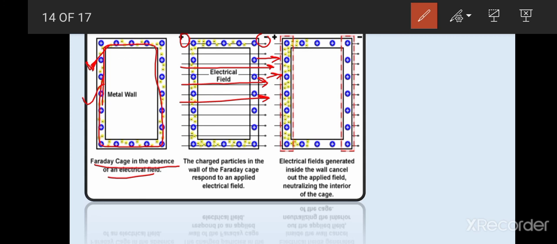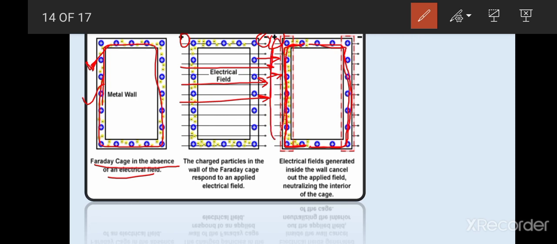As we are seeing that positive charges are here, the electric field is from positive to negative. So what will happen? All the negative charges will be attracted to these positive charges and they will gather on this side. You can see all the electrons are coming here, and this side is left with only positive charges.